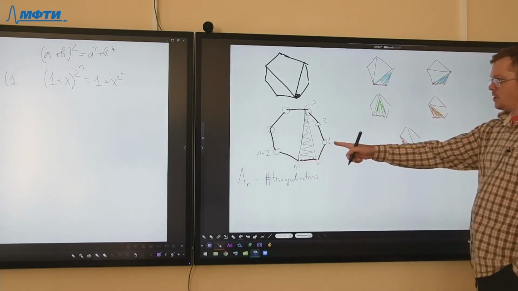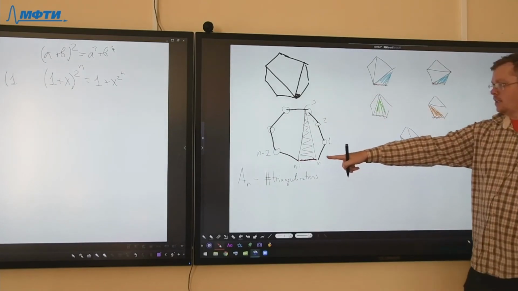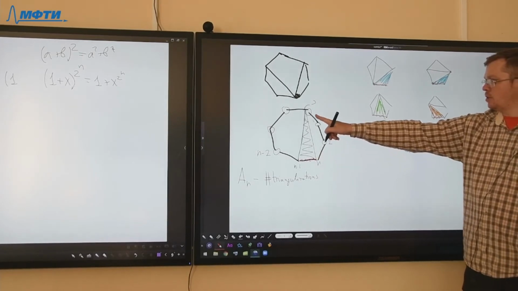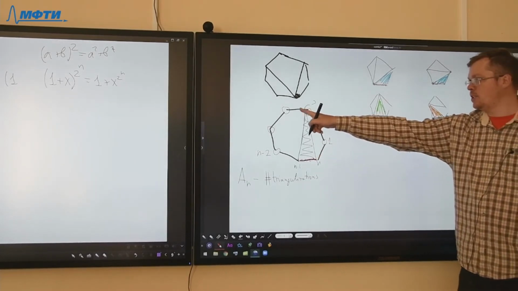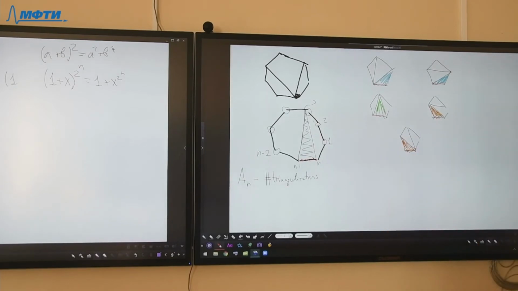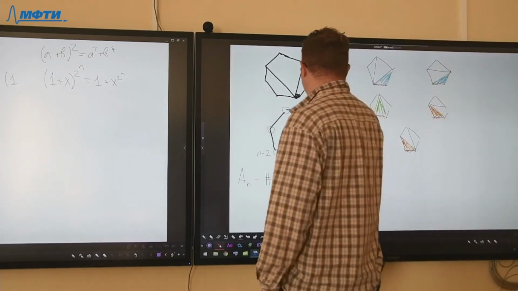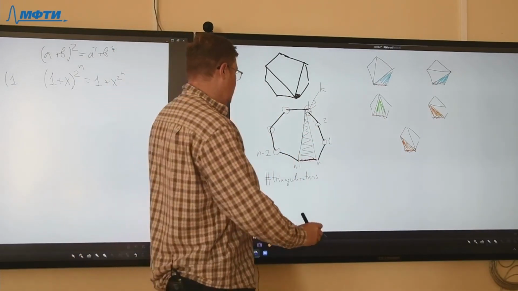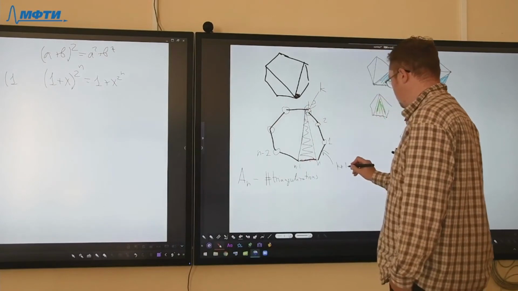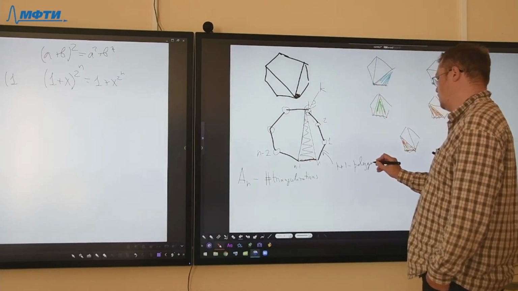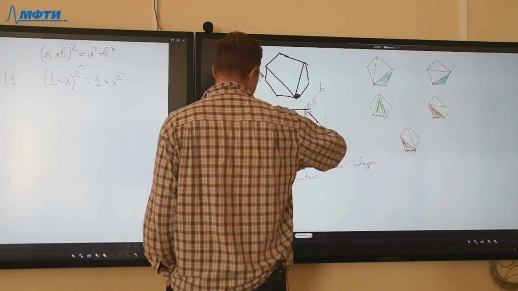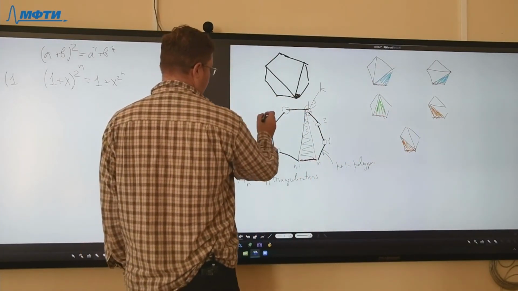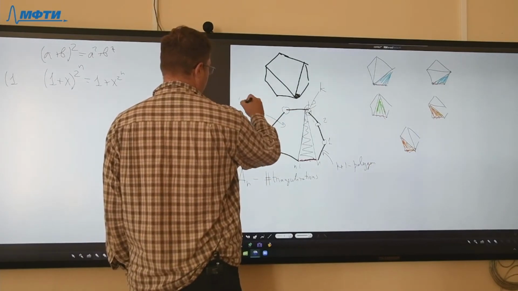So for each of these n minus 2 vertices, I will have here the triangle, and then I will have one smaller polygon to the right hand side and one smaller polygon to the left hand side. If this vertex is number k, then I will have a k plus 1 polygon here, and here, from k to n minus 1, n minus k vertices, an n minus k polygon.